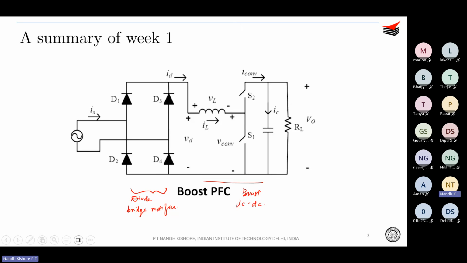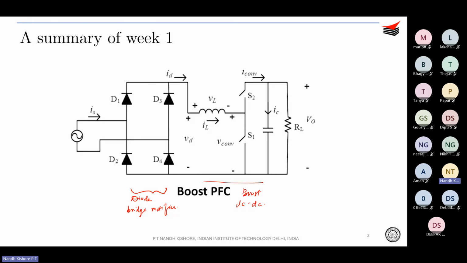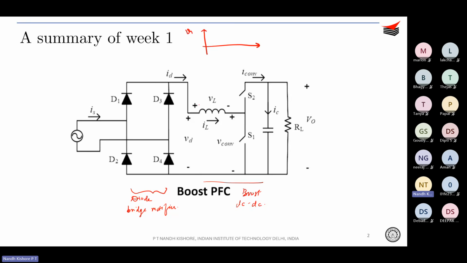The difference compared to your conventional boost converter is that in a conventional boost converter, you assume that the input voltage is kind of constant.